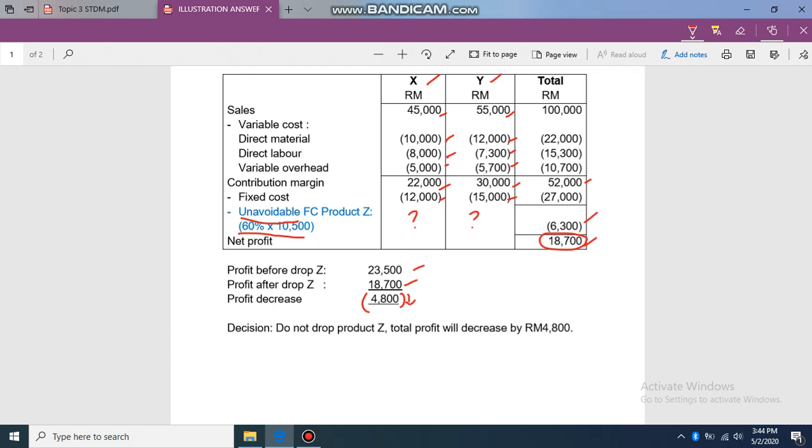What is our decision? Our decision now is better not to drop Z, because if you drop Z, your profit will be lower. The profit will decrease by 4,800. Okay, thank you. We'll see alternative 2 after this.